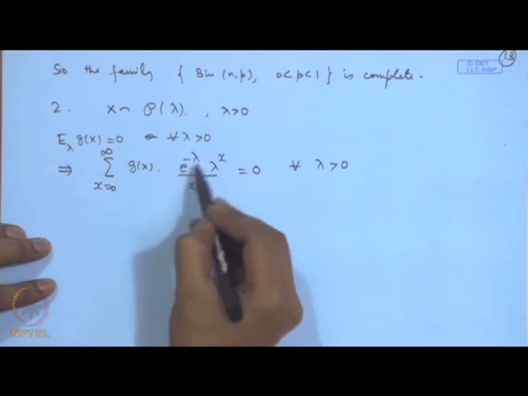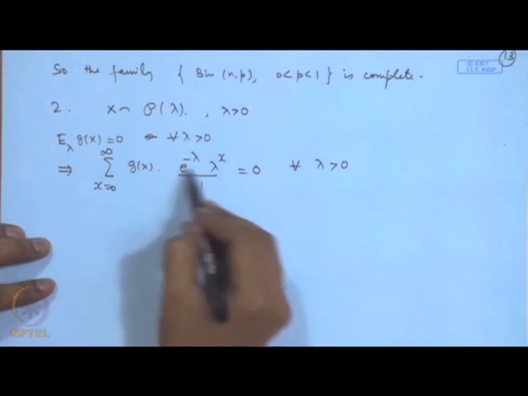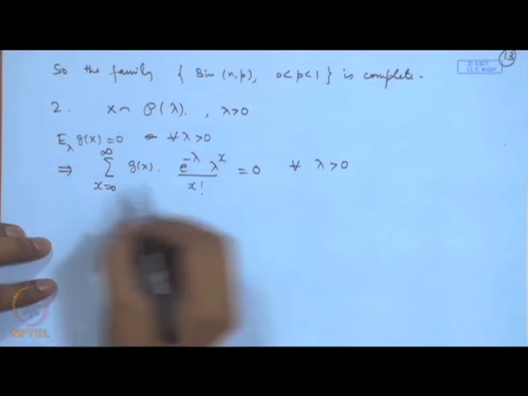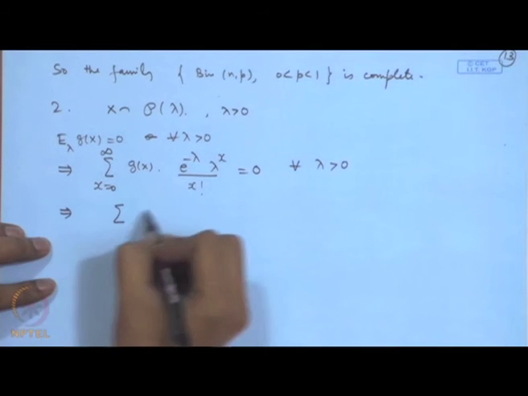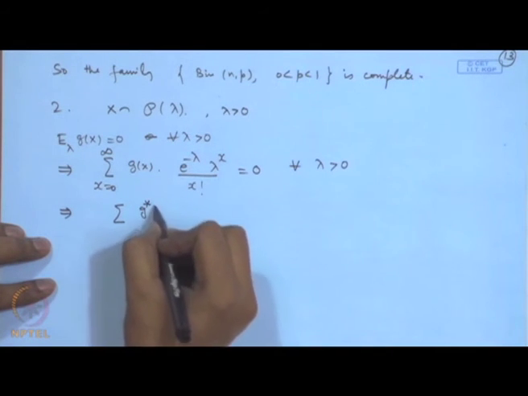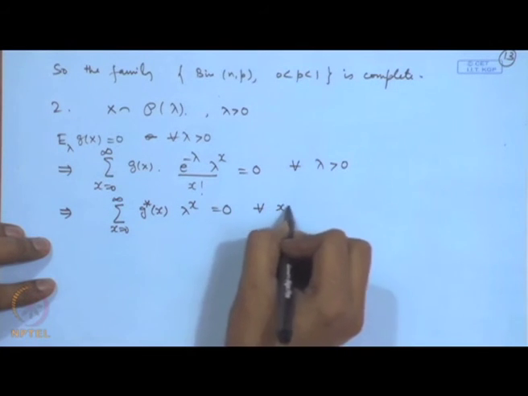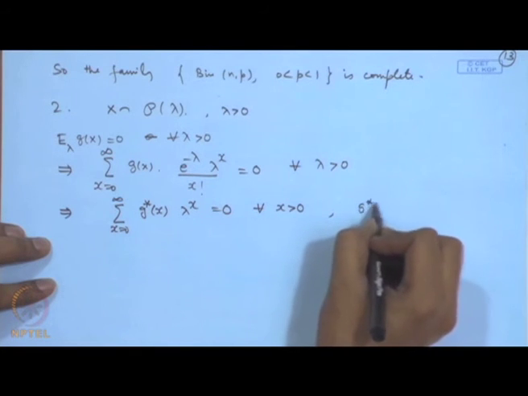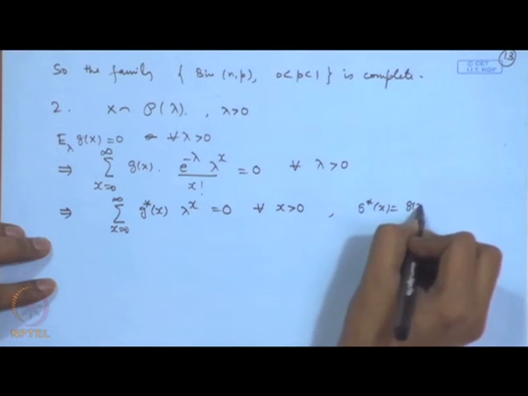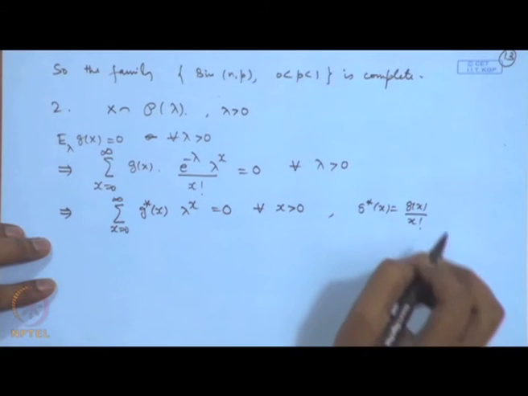Now, e^(-lambda) is a positive term, so we can multiply by e^lambda on both sides. This statement becomes equivalent to the sum of g*(x) lambda^x equal to 0, where g* is nothing but g(x) / x!.